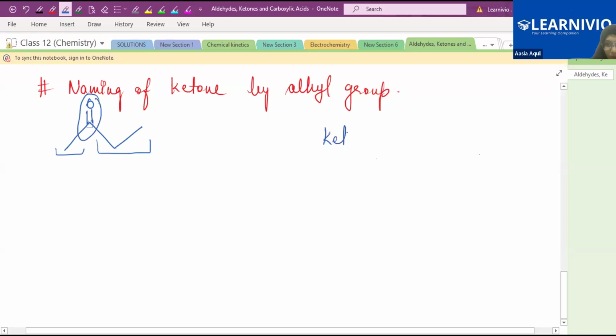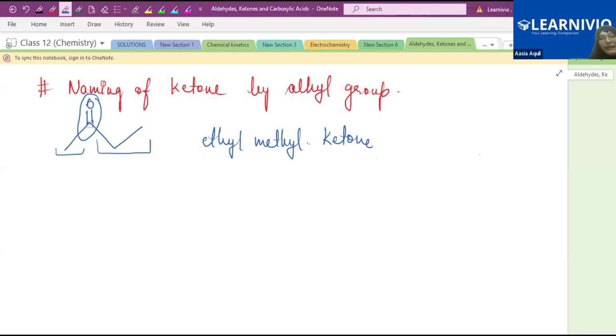These two groups are different, so this is an unsymmetrical ketone. E comes before M, so the name is ethyl methyl ketone.